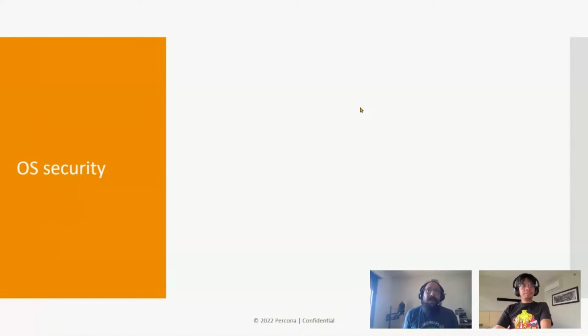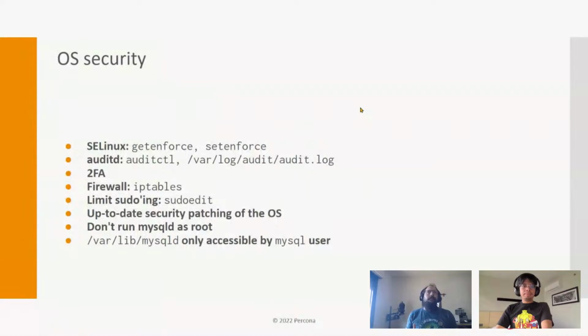Before talking about database security, let's talk a bit about operating system security, because the database runs in an operating system. In Linux we have Security-Enhanced Linux, SELinux, which provides enforcing of contexts, and with that you can prevent many types of security issues.